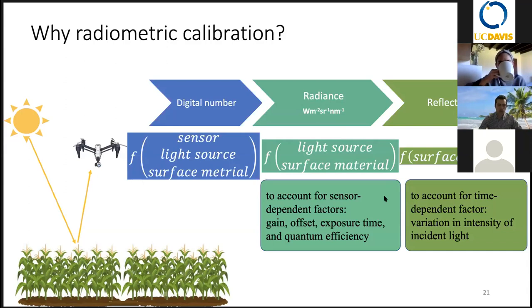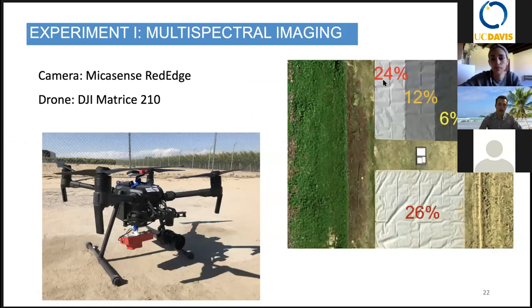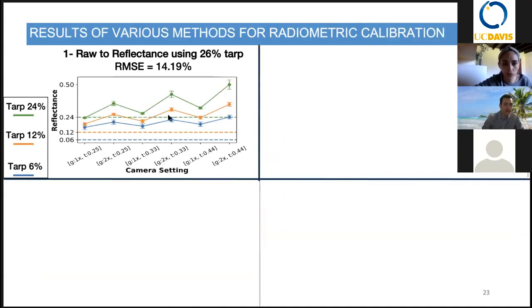And let me show you what happens if we ignore them. So we did a test on four different gray tarps on the ground, 24% light, 12% light, and 6% light. And we wanted to see if we can get those values in the aerial images. So this is the result we get with different camera settings if we don't do conversion to reflectance.